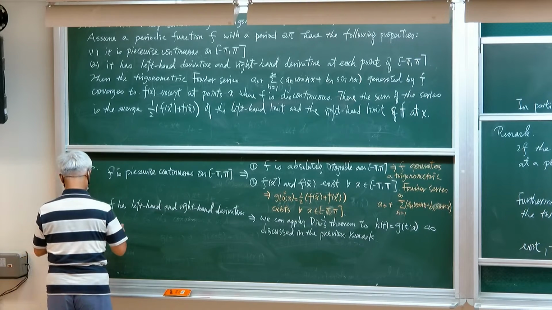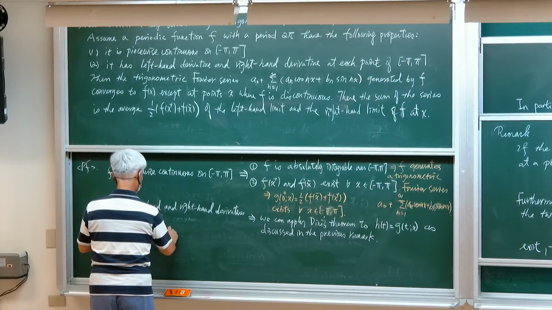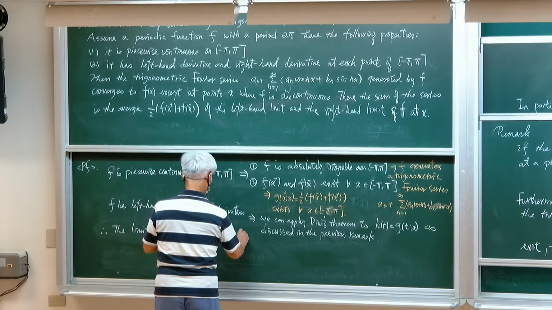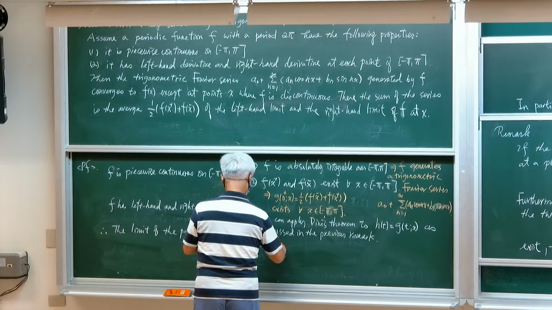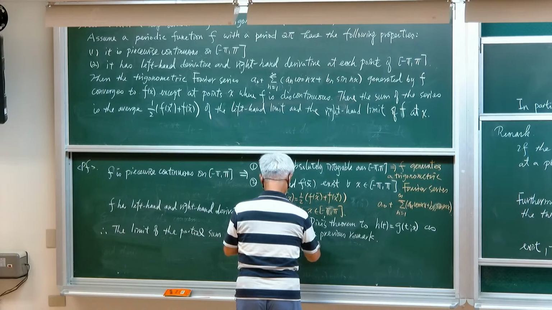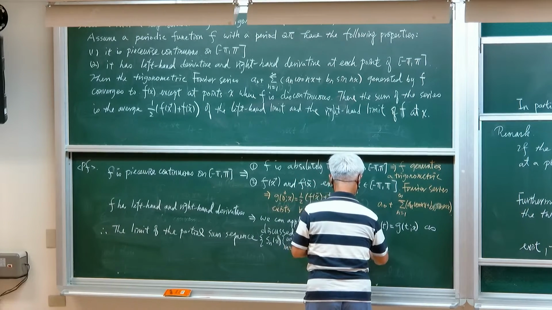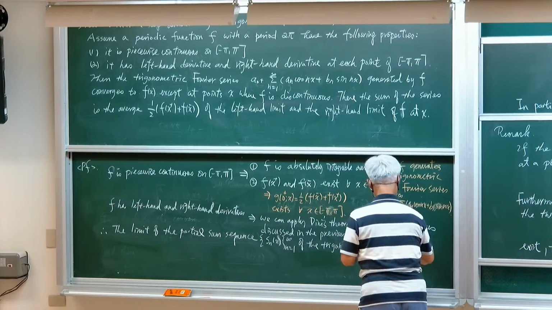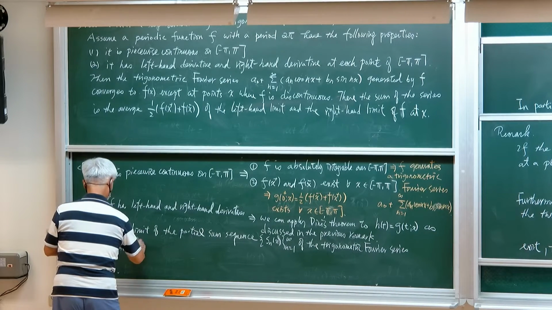So the conclusion is that the limit of the partial sum sequence Sn of x of the trigonometric Fourier series exists for all x in this closed interval.